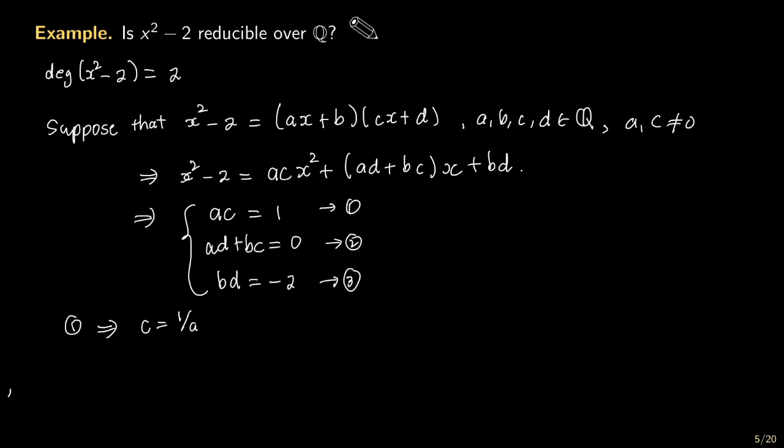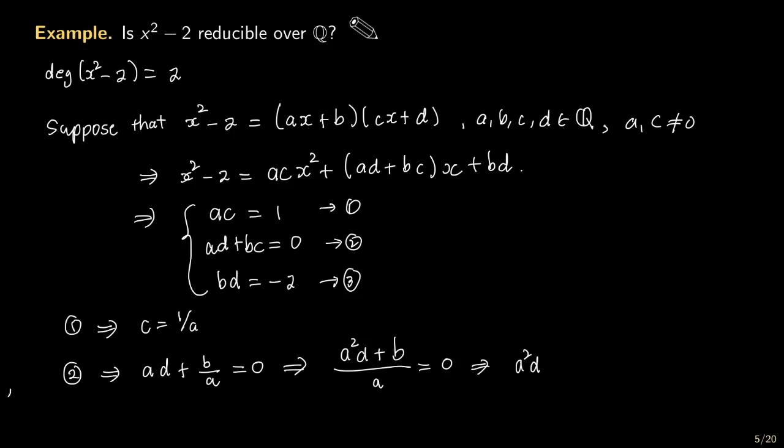Okay, so c is 1 over a from equation 1. Now we will plug this into equation 2. We will yield ad plus b times 1 over a, that's b over a, equals 0. Simplifying this, we get a squared d plus b, all over a, equals 0. But this simply means a squared d plus b is equal to 0.